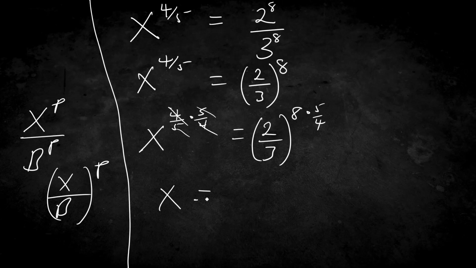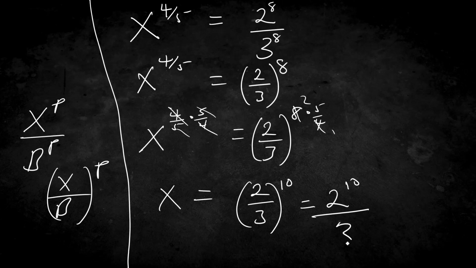So x equals, 4 here, 1; 4 here, 2. So we have 2 and 3, all raised to 10. That is 2 to the power 10 over 3 to the power 10. So that's it.